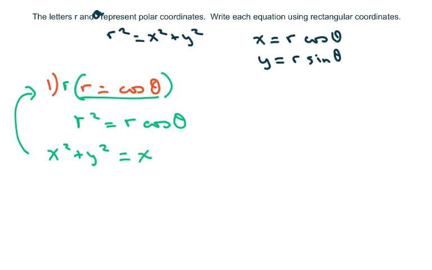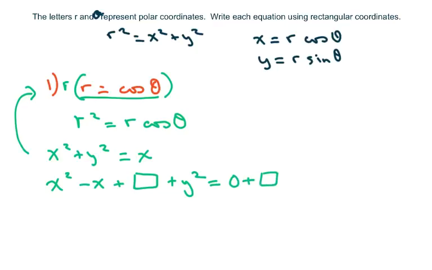But this is actually a circle, and so what we're going to do now is make it fit the standard form of a circle. So I'm going to move the x over, and we're going to complete the square here. And so this is 0 over here. So I'm going to put another box.